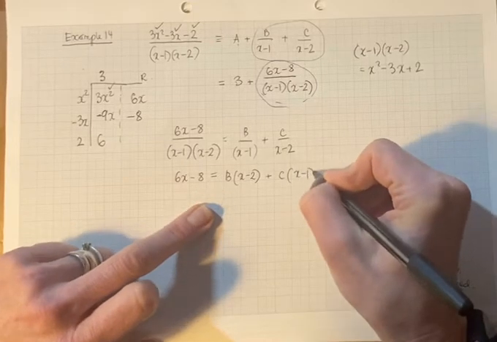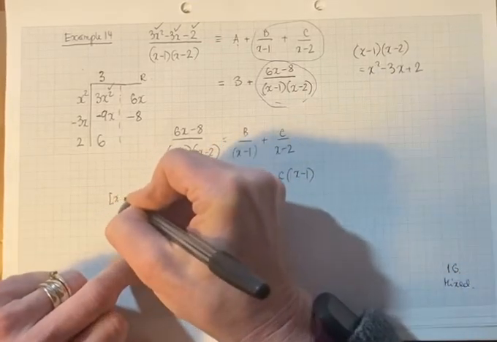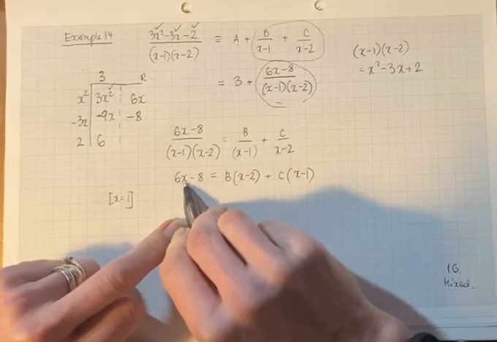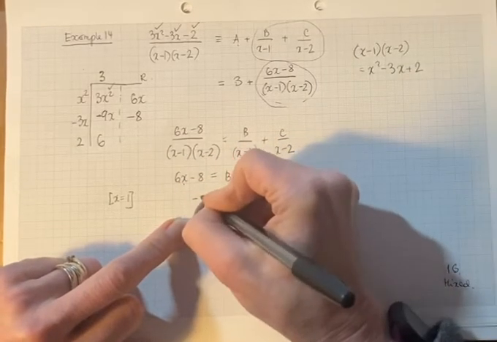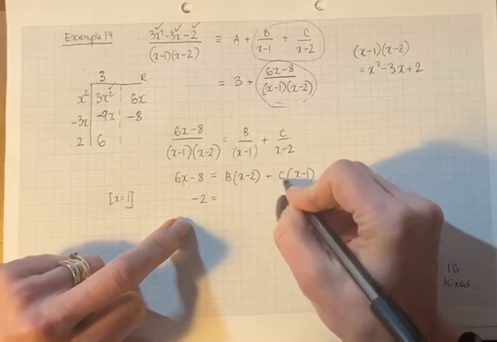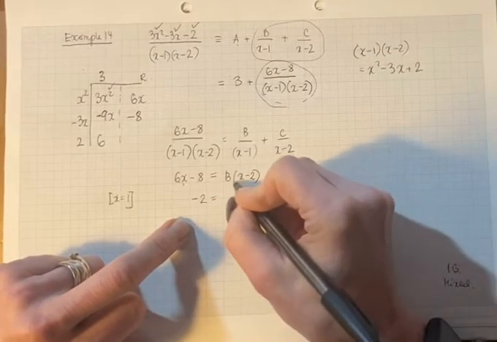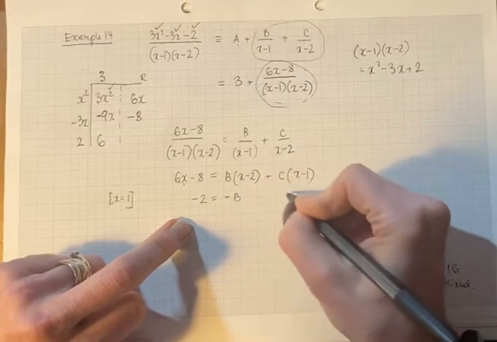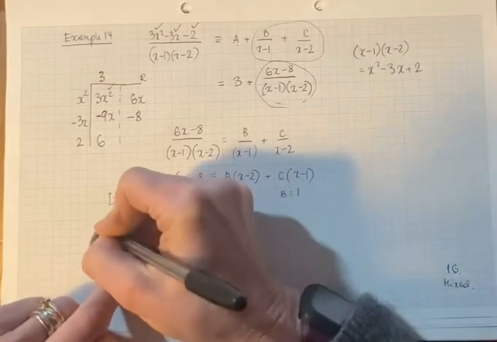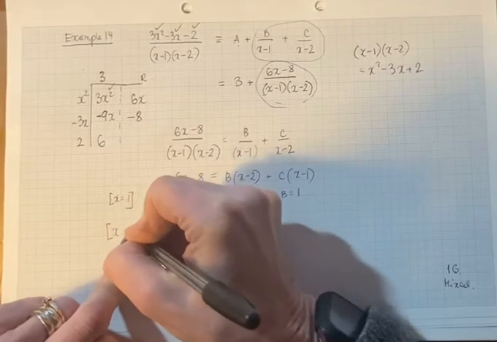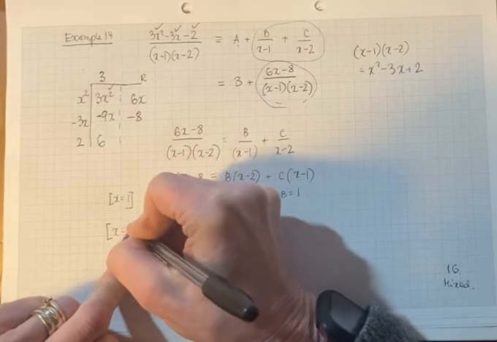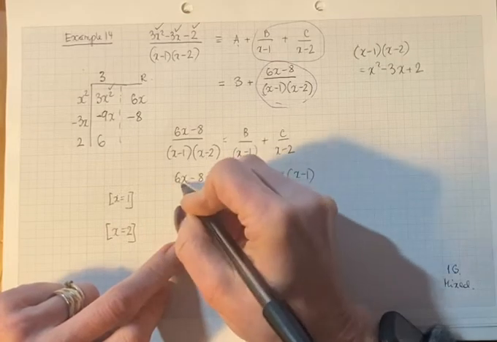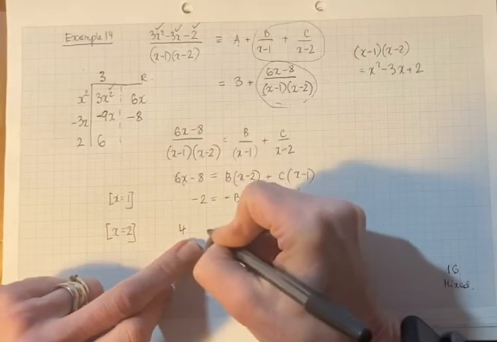Substituting x equals 1, we are going to have 6 times 1 minus 8 is minus 2. This part involving c will disappear, and over here we'll have 1 take away 2, so it's minus b, giving me b equal to 2. The second value to sub is 2, so if you put 6 times 2 minus 8, 12 take away 8 is 4.